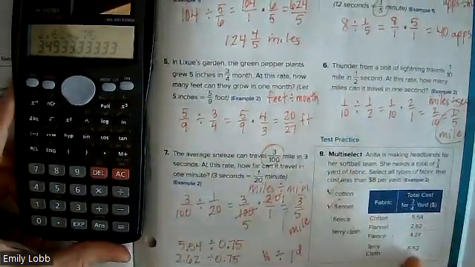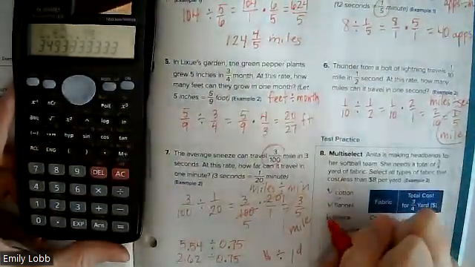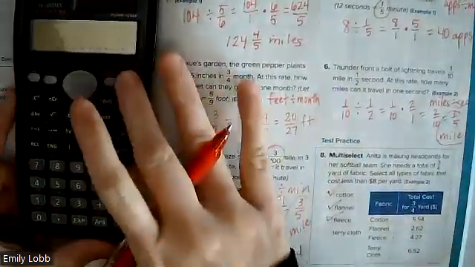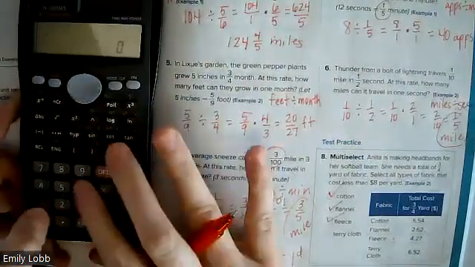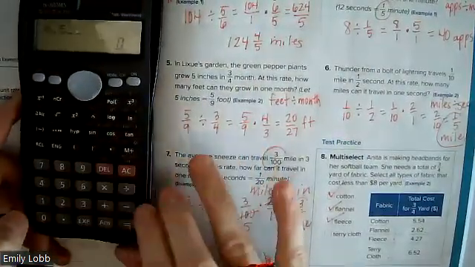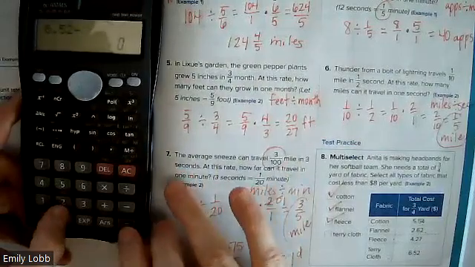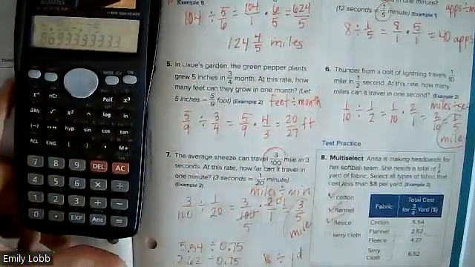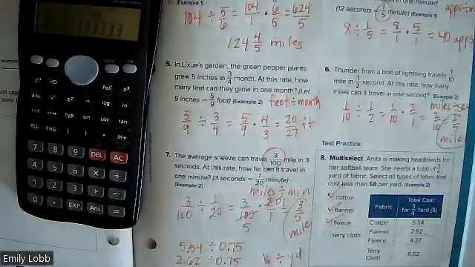So obviously fleece is going to be, because it's cheaper than cotton. Let's try terry cloth. 6.52 divided by 0.75. This is more. So only cotton, flannel, and fleece are cheaper enough.